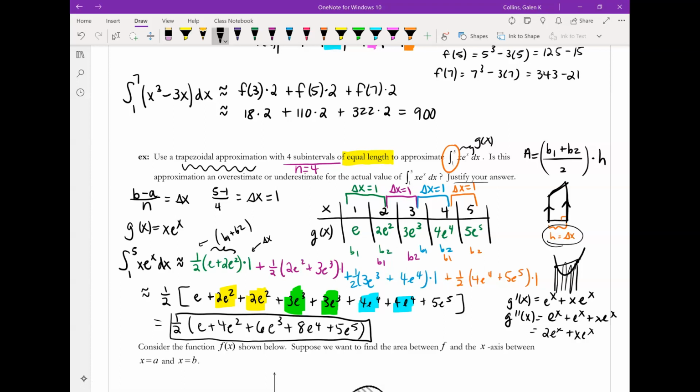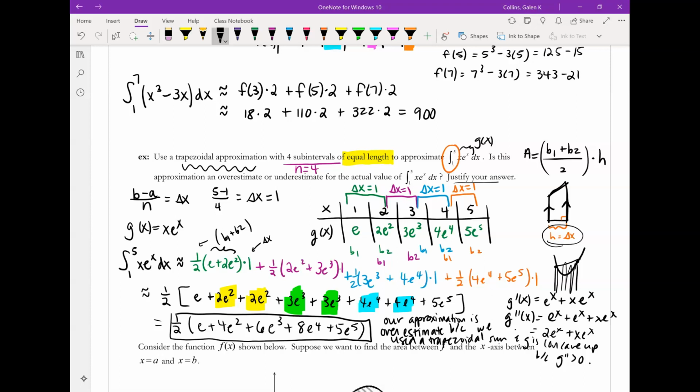So to justify that answer, we need to state that our approximation or our estimate is an overestimate or over approximation because we used a trapezoidal sum. Gotta say what type of sum. And g is concave up because the second derivative is positive.